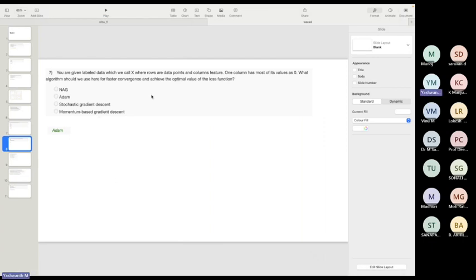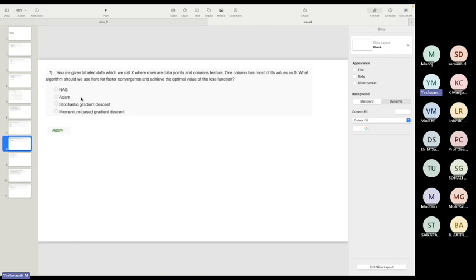So in general, Nesterov and momentum-based gradient descent are typically the same. Stochastic gradient descent is just your straightforward version. Adam is the optimizer that combines both momentum and the AdaGrad style of optimizer.